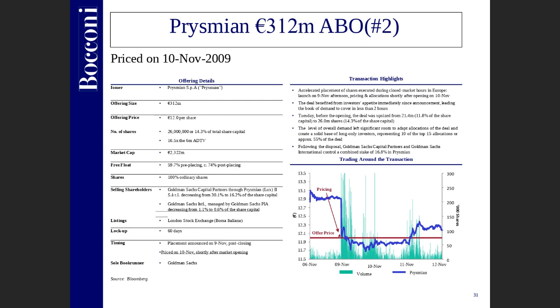And also in this case, we placed the shares with a discount that you can see here in the graph. Okay, so that was less controversial in terms of structure because it was a simple accelerated book building offer in the marketplace.